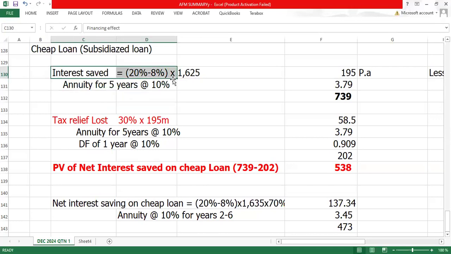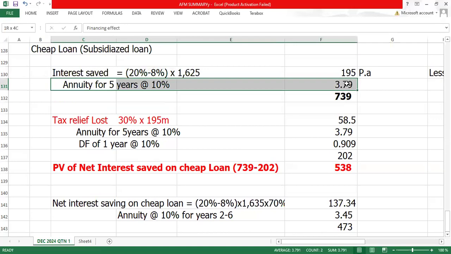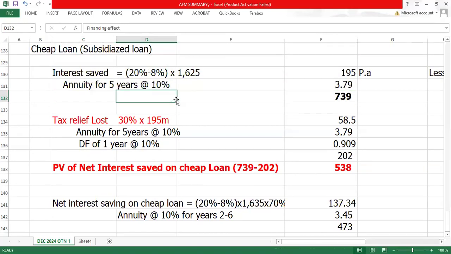Yet for total interest saved, it's from year 1 to year 5. If you discount, you cannot bring things of year 2 to year 6, because you're paying interest in that very year. It's not that you're paying interest in arrears. No, it's only the tax that you're claiming in arrears.